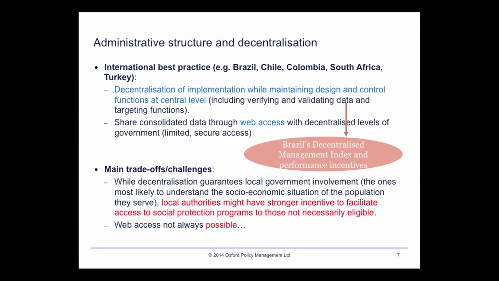Third dimension, administrative structure and decentralization. Quite a few of the countries we studied did have decentralized governments, and a lot of them were facing issues of local governments resisting this power coming from above, saying you should be collecting data this way, we'll be giving you information on who you should target.